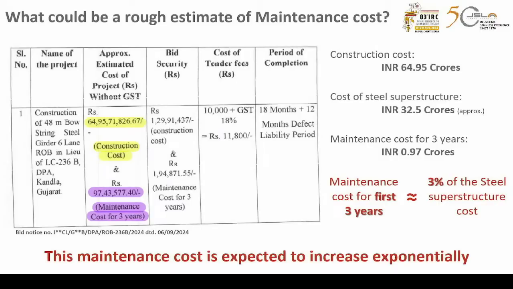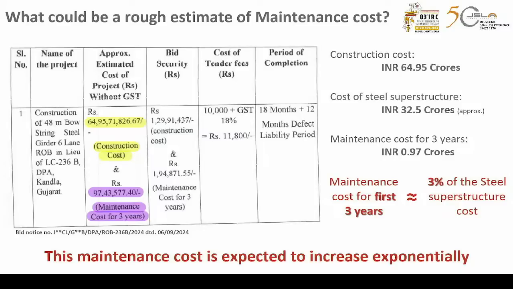Here we see that the bridge construction cost has been pegged at 65 crores, and the maintenance cost for the first 3 years, I'll repeat, for the first 3 years, is about a crore. Now, if it is 65 crores of construction cost, let's approximate that it is 50% for superstructure and 50% for substructure.